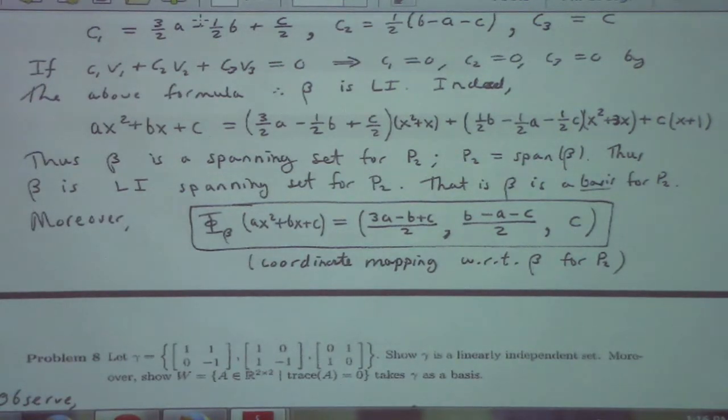I was talking about how to show it's a basis. I mean, you have to show it's linearly independent, and then it's a spanning set. Or use the theorem Crystal talked about, which says that since we know quadratic polynomials are three-dimensional, if I can prove they're linearly independent, then it automatically follows that they're a spanning set, because we have a theorem that says if you have one, you have the other, if the dimension is known, right?